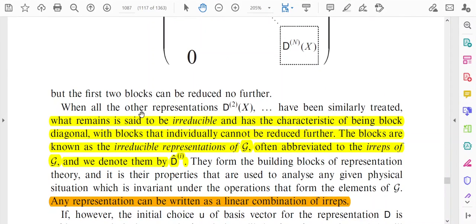When all the other representations D2 and so on have been similarly treated, just like D1, we can also consider whether D2, D3 can be further reduced or not.